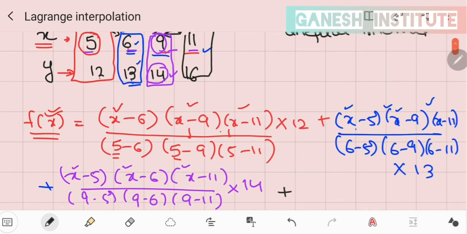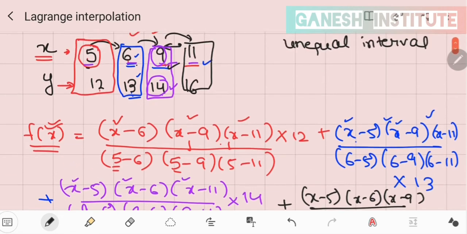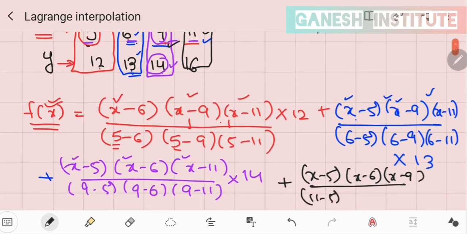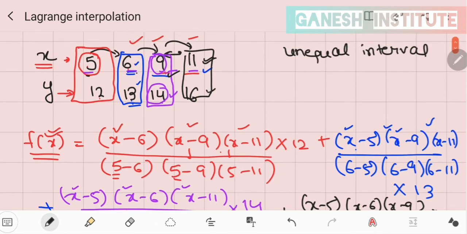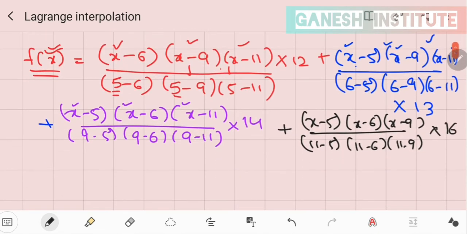So the rest are x minus 5, x minus 6, x minus 9, and in the denominator substitute x as 11, right? 11 minus 5, 11 minus 6, 11 minus 9, multiplied with the hidden value, which is 16. So this is your value.